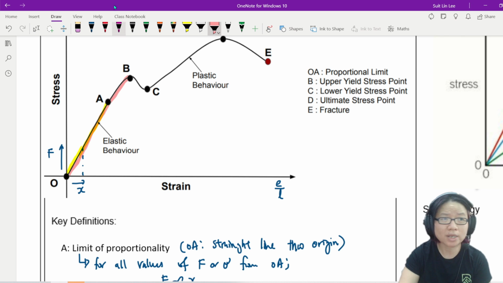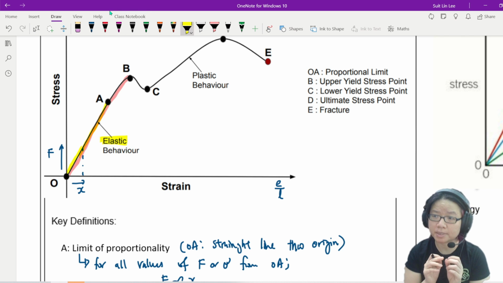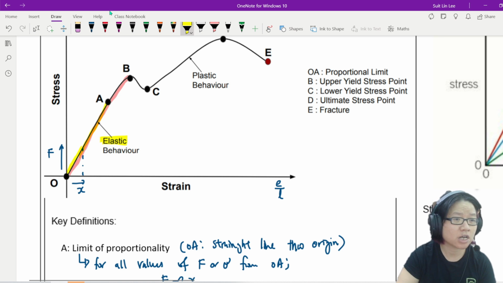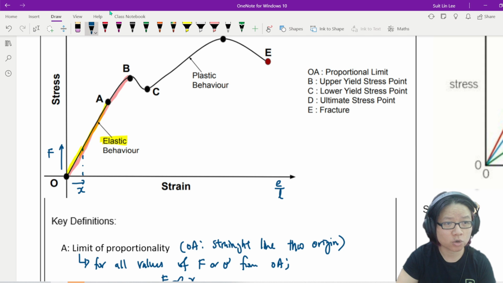But what is elastic behavior? When we say something is elastic, it means when we let go or remove the force, your object can return to its original length. So elastic behavior would be from O to B. Elastic behavior is here to here.